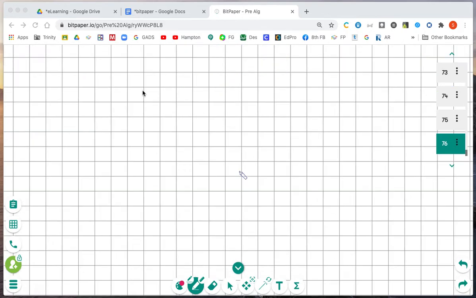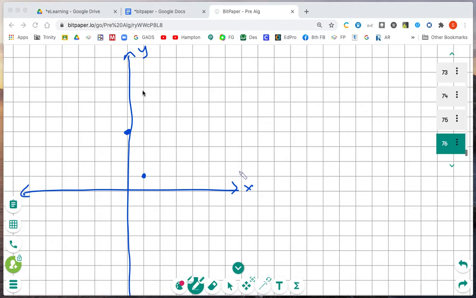Okay, next one. Go ahead and put in our y-axis and our x-axis. Now the line that's going to be drawn for you here looks like this.